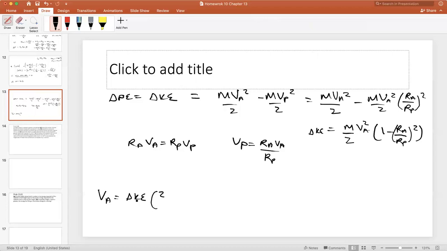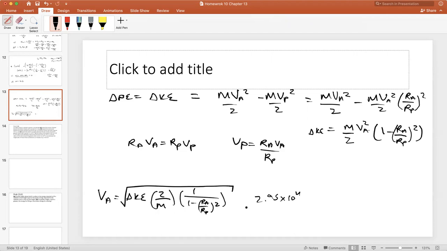So this is 2 times the kinetic energy divided by the mass times 1 over 1 minus RA over RP squared, and take the square root of this whole thing, okay? And if you do all that, you should find it somewhere around 2.95 times 10 to the 4th meter per second.